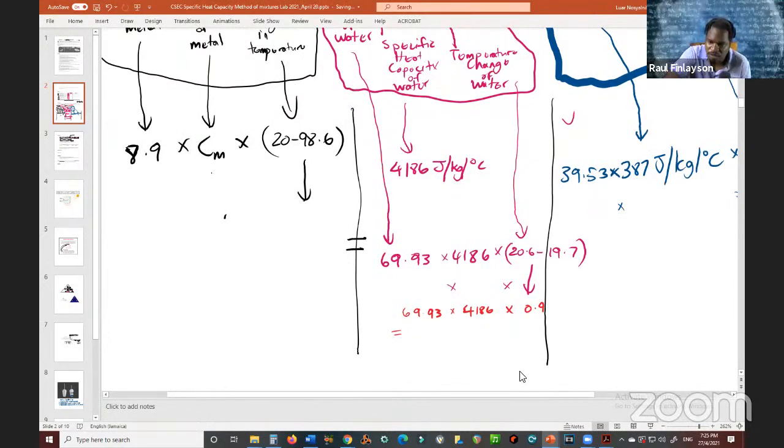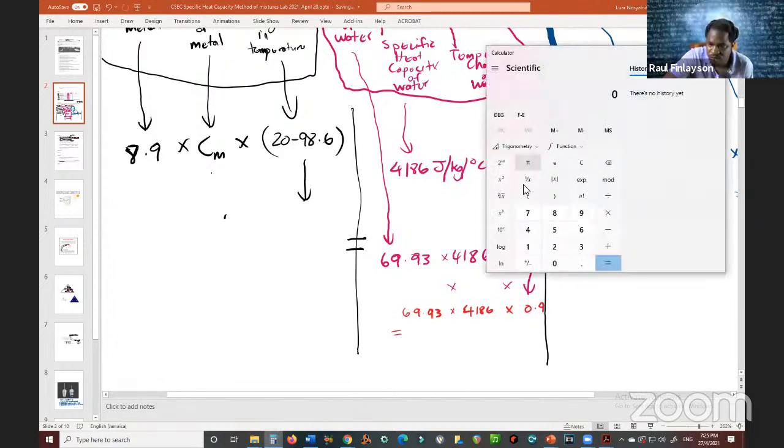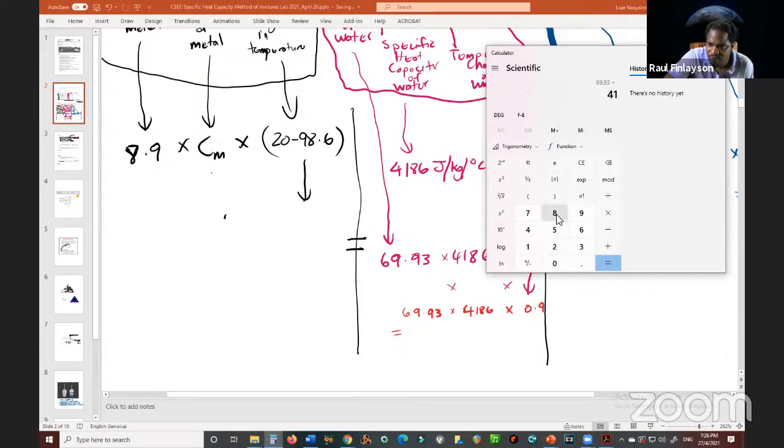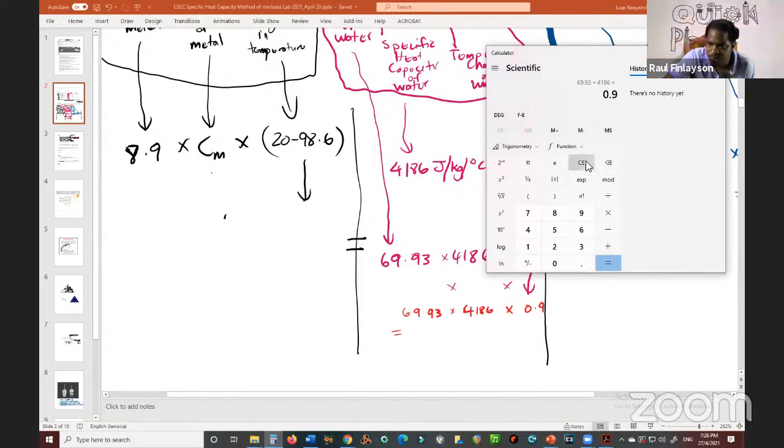So when you do that, you get a calculator, which I'm really hoping everybody knows how to use. So it should be 69.93 times 4186, and we also multiply it by 0.9. Let me just fix that.